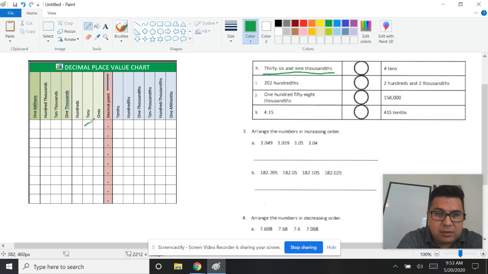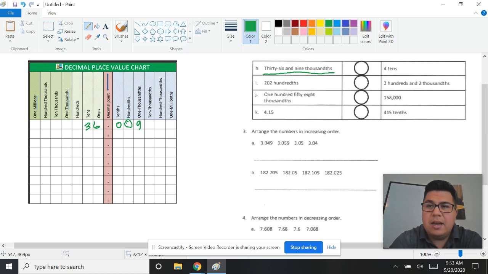So we would write 36, and the decimal would be "and," and then we have 9 thousandths. We put our 9 in the thousandths spot, just right here. Then we fill in the rest with zeros because there's no tenths and no hundredths. This is just an easier number for us to look at. So we would say this as 36 and 9 thousandths.